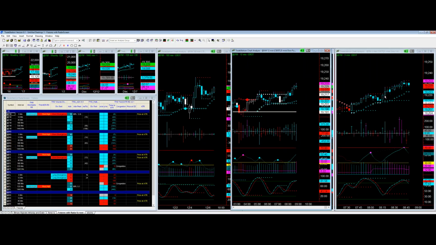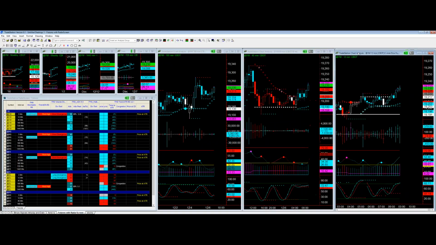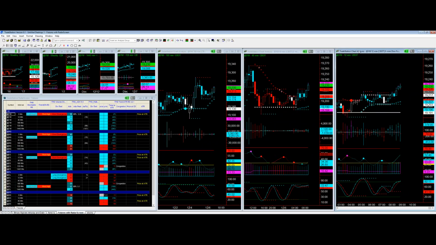And one of the reasons I don't is because you're just getting so many gaps on these 3 minutes right now, because the market's moving so slow, that I do not trade these 3 minutes right now. Can you go over to a 3-minute? Sure. Once the U.S. market opens and you see, okay, it's moving, there's no gaps on the 3-minute, you can switch over and trade a 3-minute.